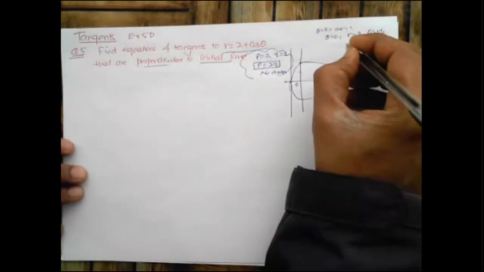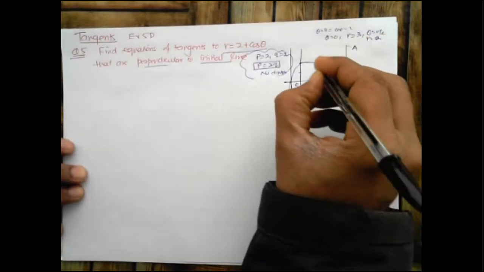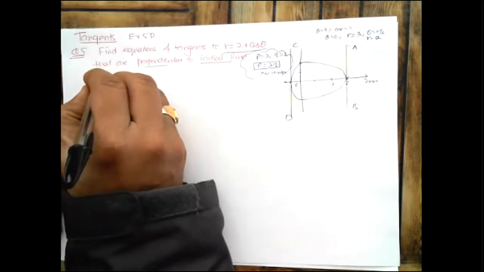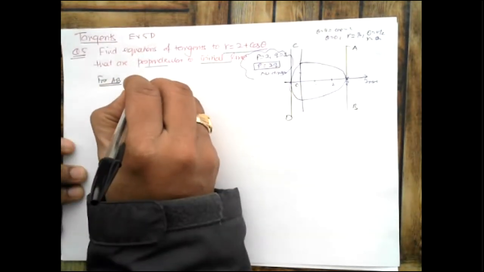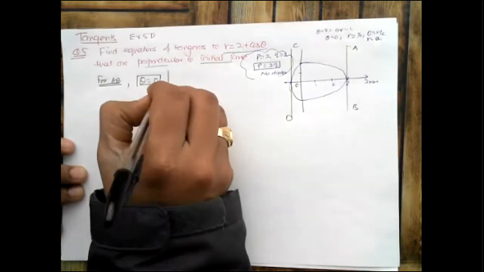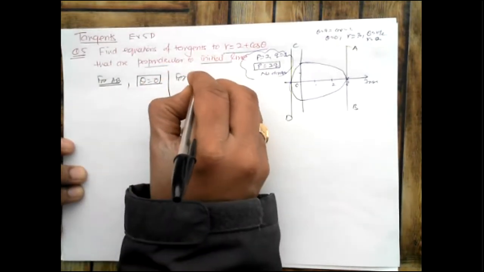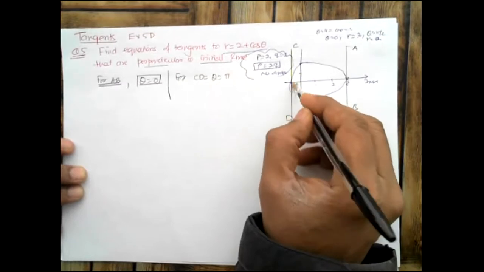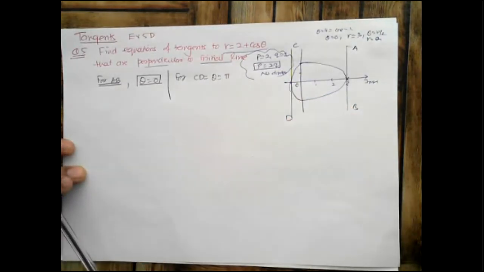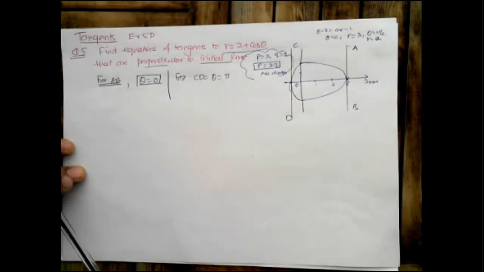Let's call them AB and CD. For AB, I know that theta is equal to 0, and for CD, I know that theta is equal to pi. Obviously, I haven't drawn this properly. That's okay.